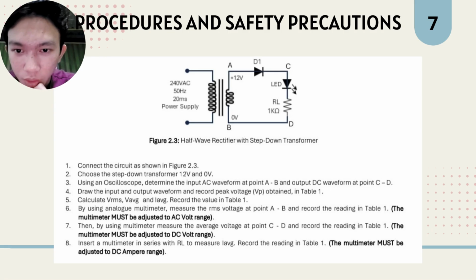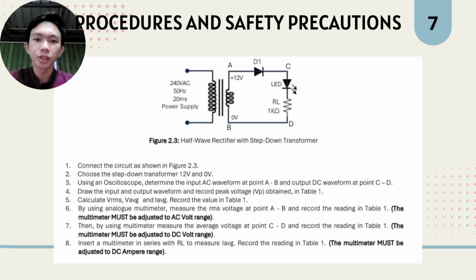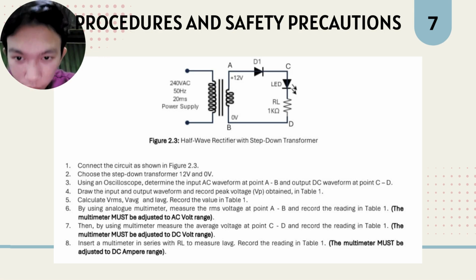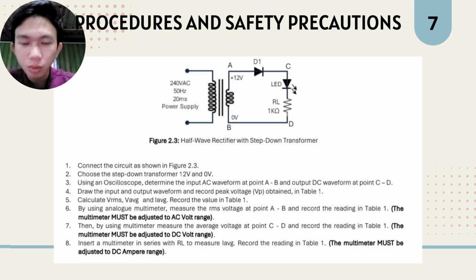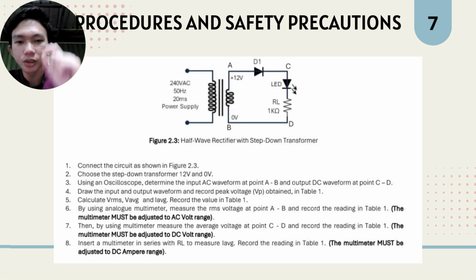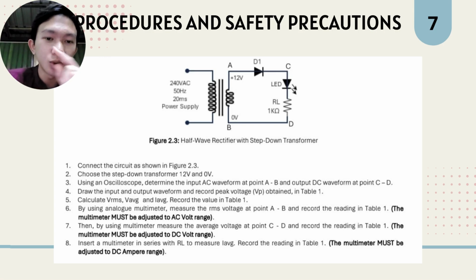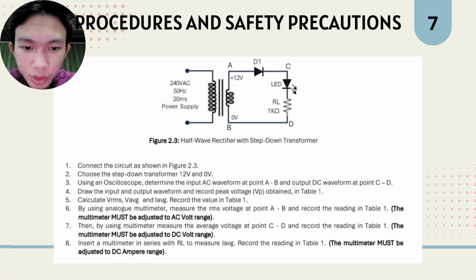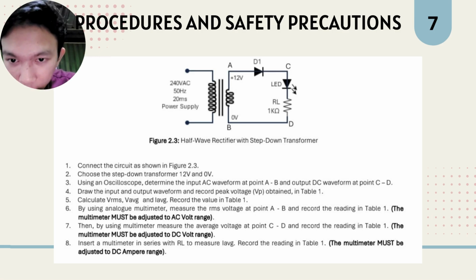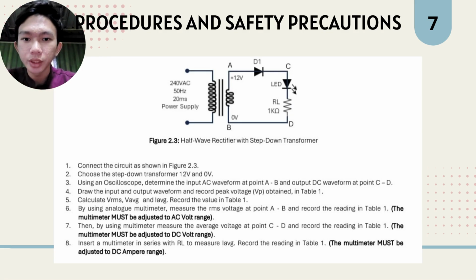Next, draw the input and output waveform and record the peak voltage. You will get the result, and you need to draw it in the table on the next slide. Next, calculate VRMS, V average, and I average, and record the values in table 1.